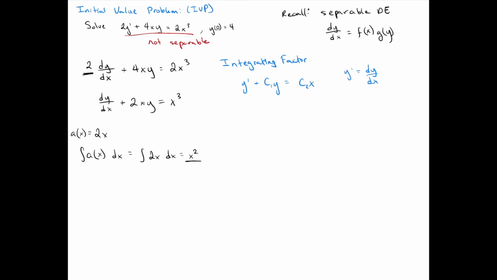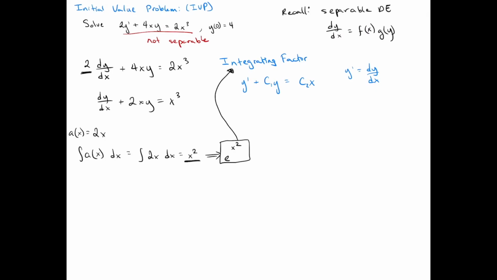With that, we simply put it in an exponent, so it becomes e to the x squared, and that, e to the power of x squared, is our integrating factor. That's why this method is called the integrating factor method.